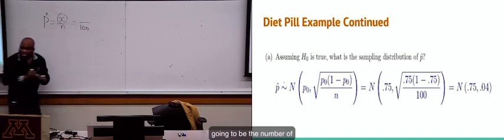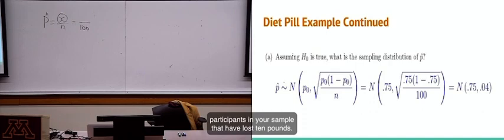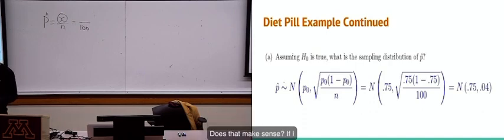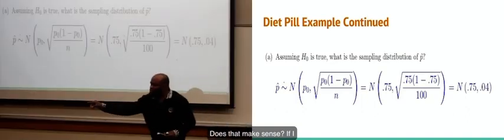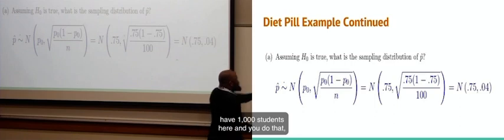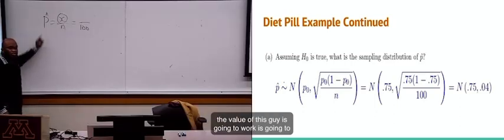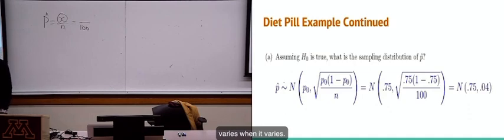X is going to be the number of participants in your sample that have lost 10 pounds. Does that make sense? Now, if I have 1,000 students here and you do that, the value of this guy is going to vary. Does that make sense?